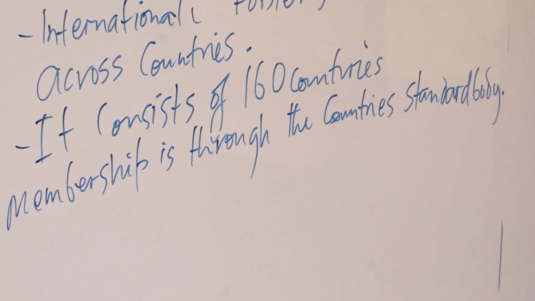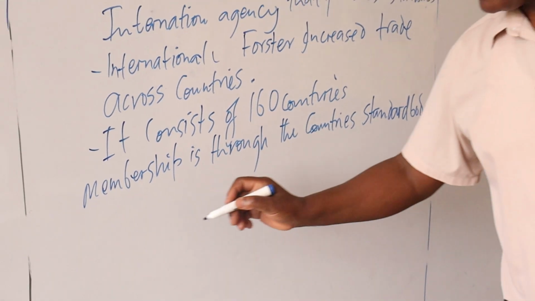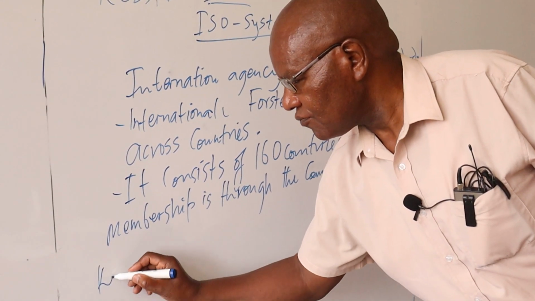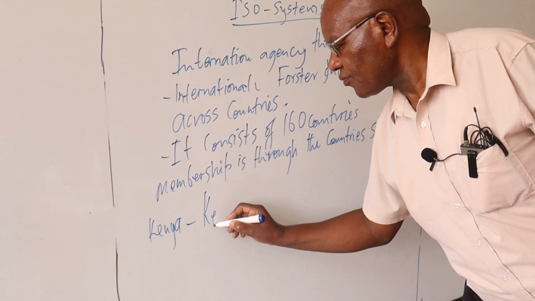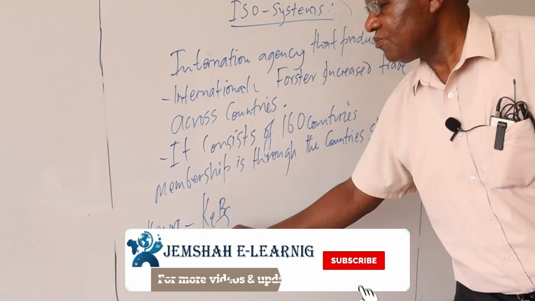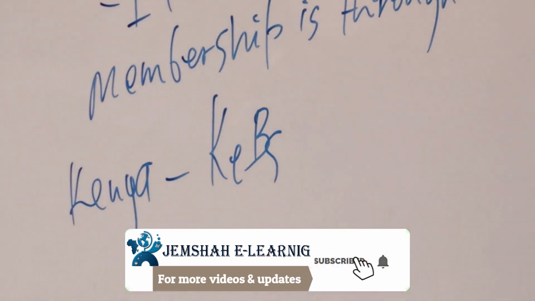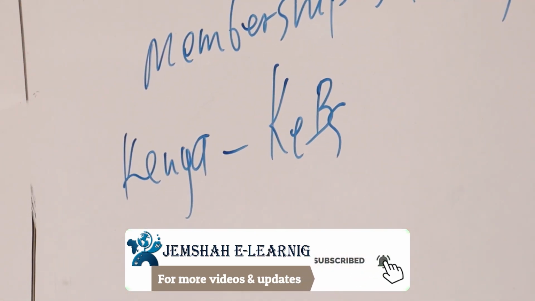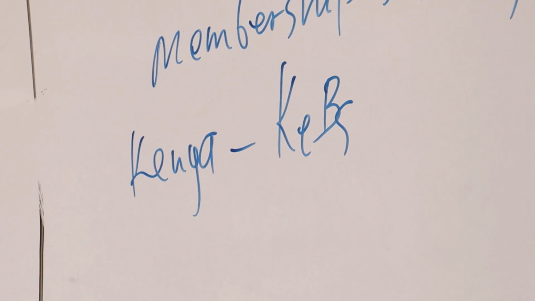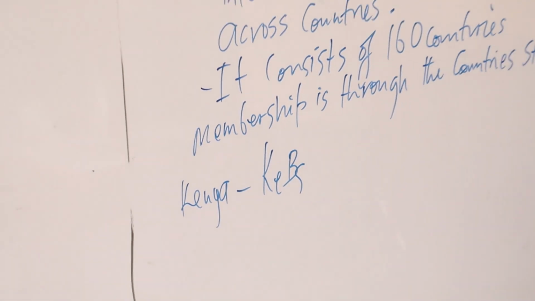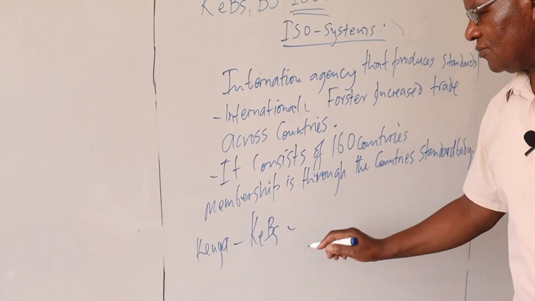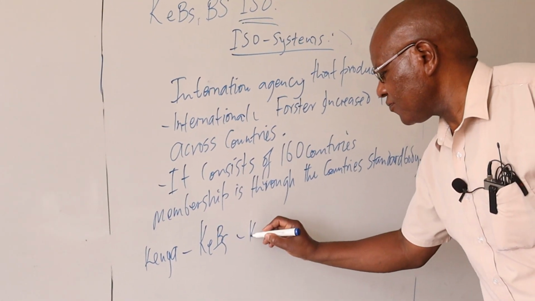For example, in Kenya, Kenya is a member through KEBS. So KEBS is the one which is registered by the ISO.